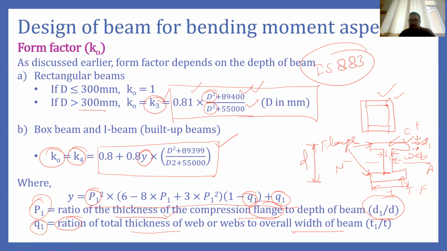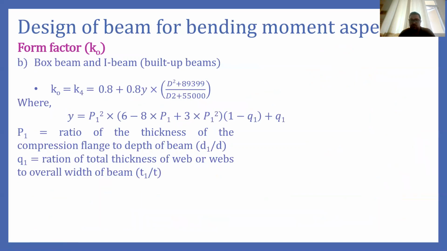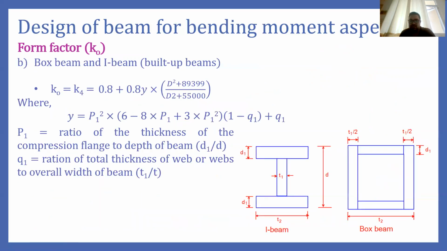I have made a proper diagram of this, so you can see here. These are the D1, T1, overall depth for box column and for I-beam. With these dimensions, we can easily calculate the value of P1 and Q1.